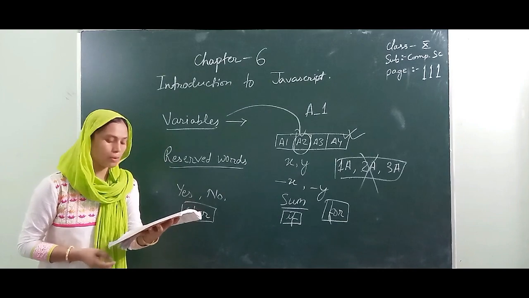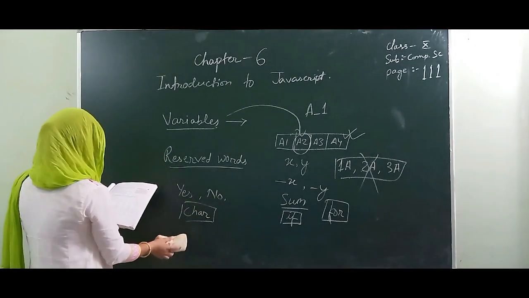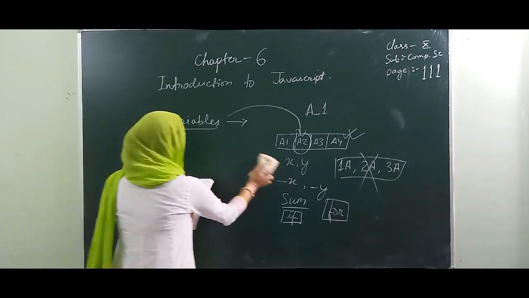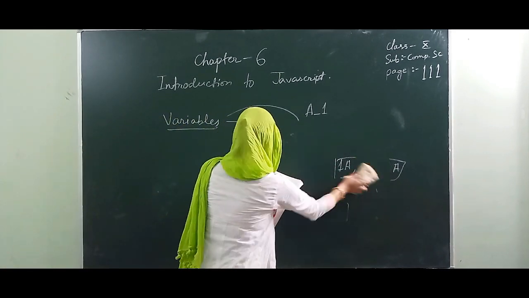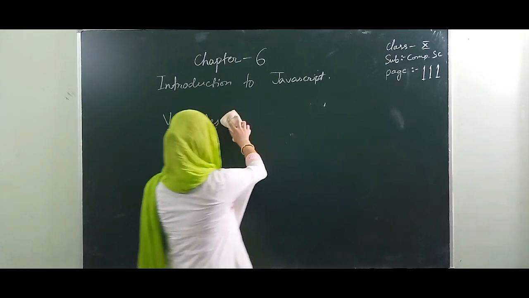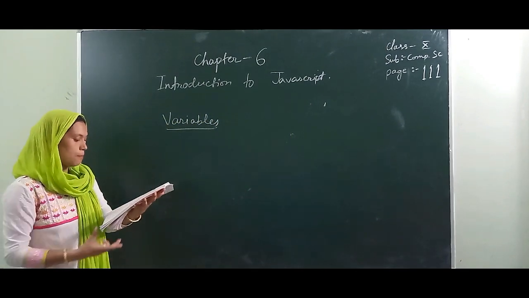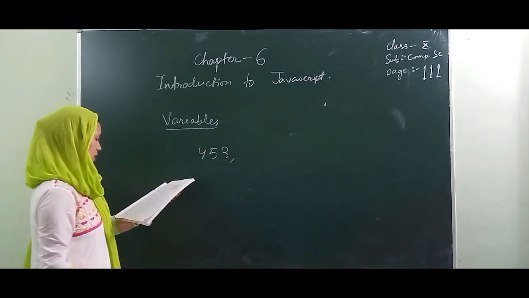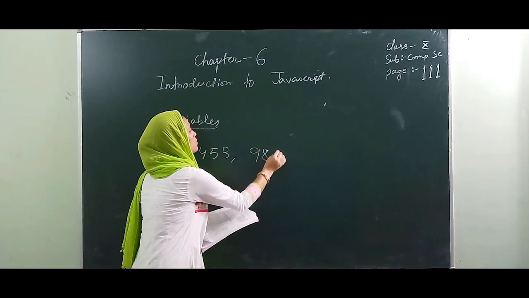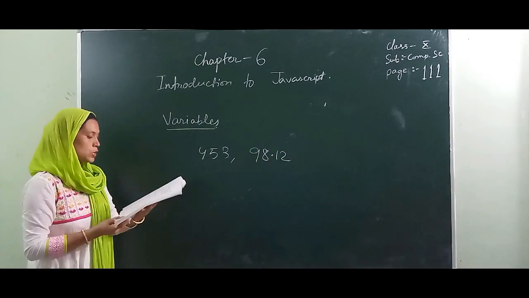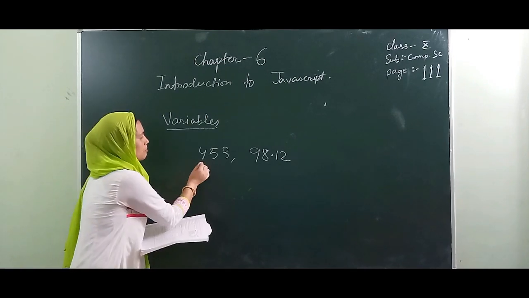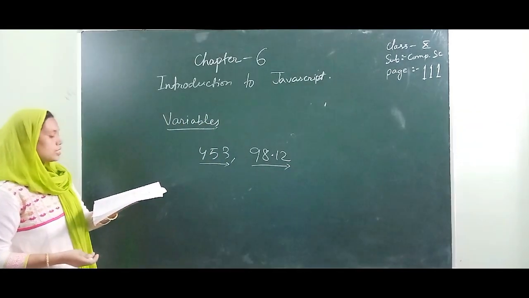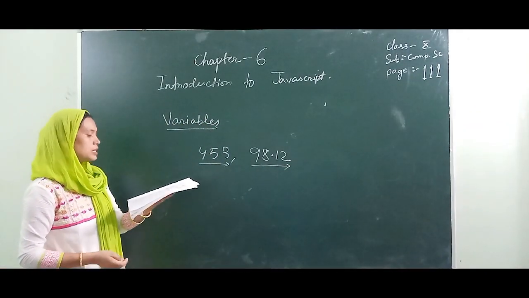Next, let's learn about the data types in JavaScript. On the same page, JavaScript has 3 different data types, that is number, string and boolean. Number example, any number: 453, 98.12 from your book itself. When you give any number like this, or a real number, which we call a floating point number, these are called the number data type.